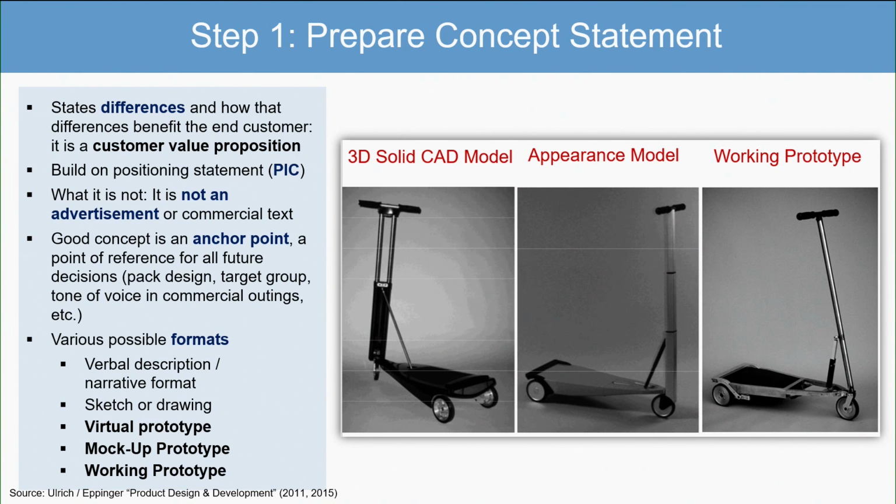This could be a virtual prototype, like a CAD model, so it's only existing in the virtual space. It could be a mock-up prototype, an appearance model, so we just made this out of cardboard, out of wood, but at least you can evaluate the dimensions of it. Or it could be really a working prototype, and we could give it to you for a test.